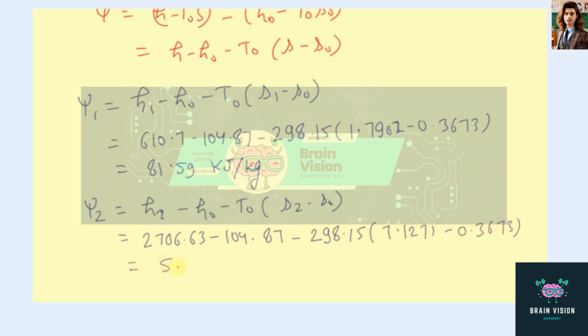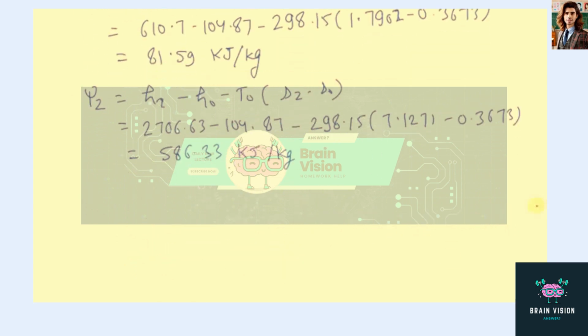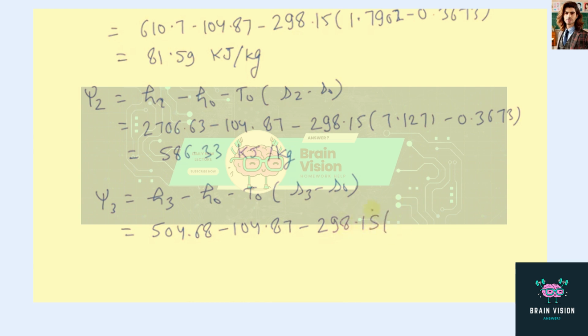This will be equals to 586.33 kilojoule per kilogram, and similarly psi 3 will be equals to H3 minus H naught minus T naught into S3 minus S naught. Now substitute all the values, so we will have 504.68 minus 104.87 minus 298.15 multiplied by 1.53 minus 0.3673. This will be equals to 53.15 kilojoule per kilogram.